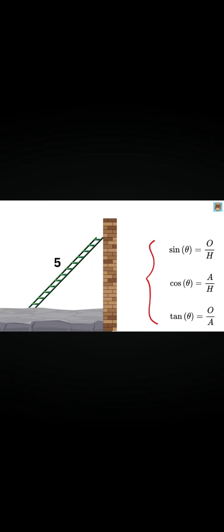Now, suppose the ladder is 5 units long and this point is 3 units away from the wall. Then, what will be the values of these three ratios? Assume this is the angle theta we are focusing on. It's simple, right? First, we can use Pythagoras' theorem to find the length of this wall. Let us label it as O. We get 5 squared equals 3 squared plus O squared.